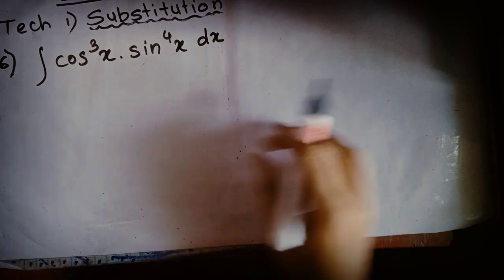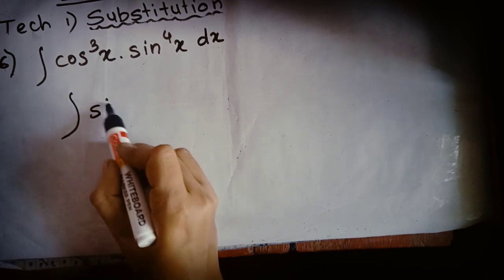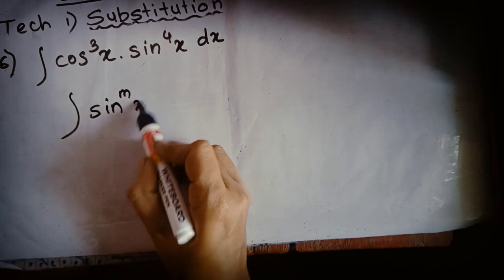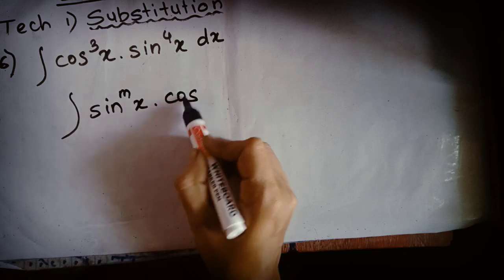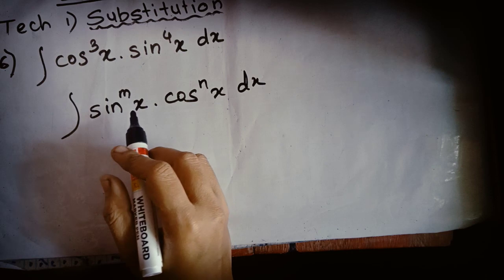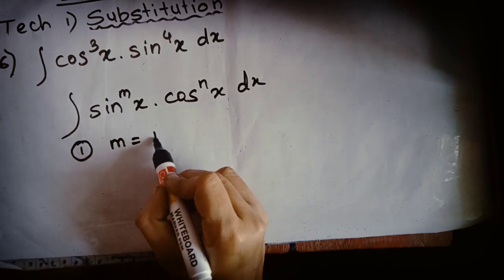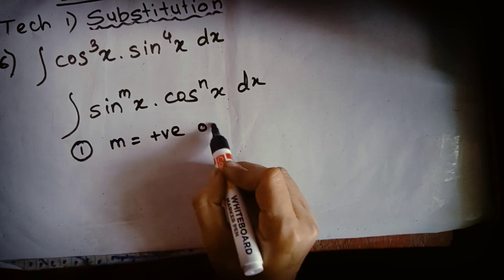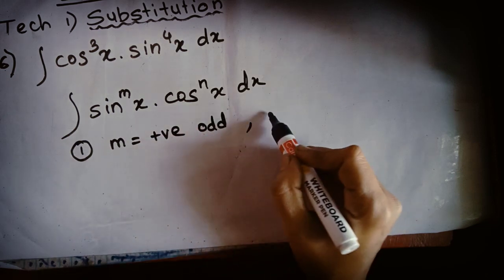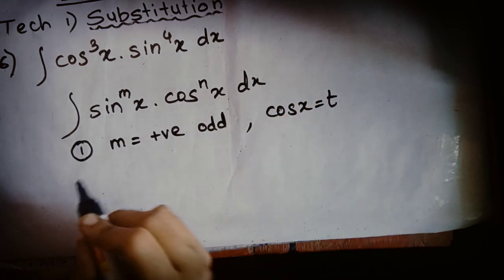Now how to solve this type of problems? Okay, so there is a rule here that says integral sine raised to m x into cos raised to n x dx. Okay, so if your m is some positive odd, then you have to substitute cos x as t.